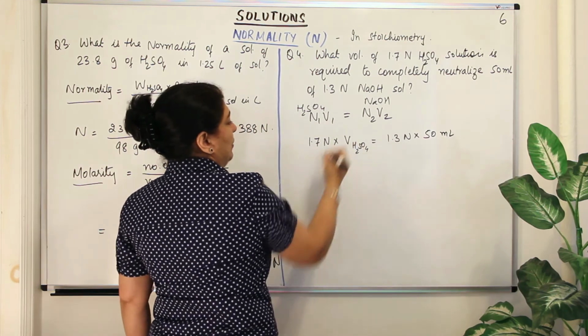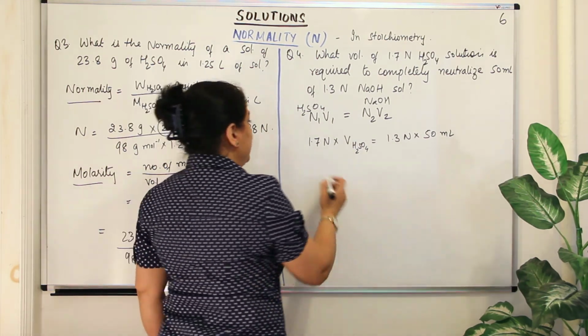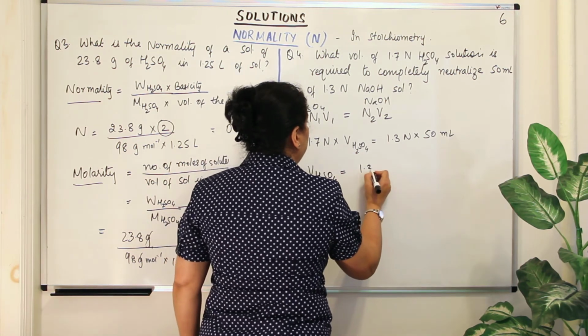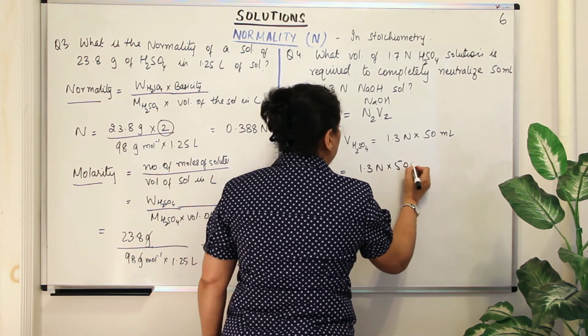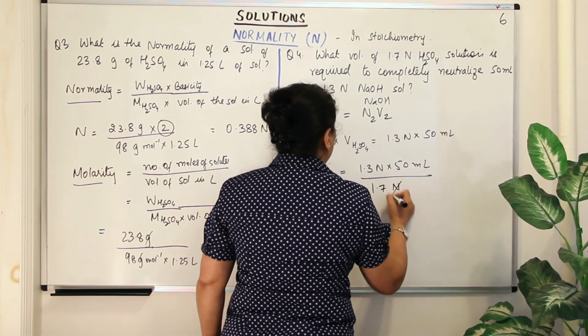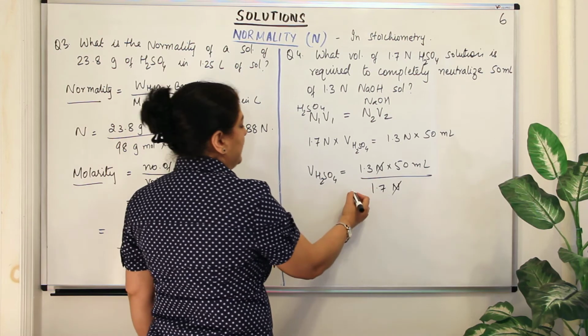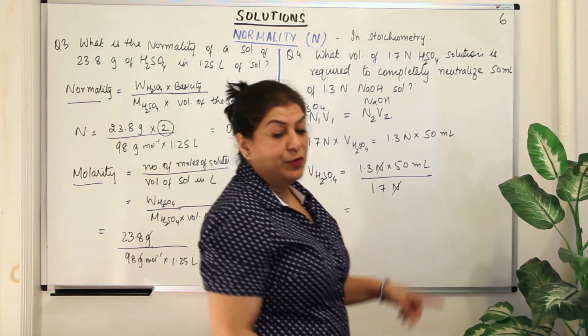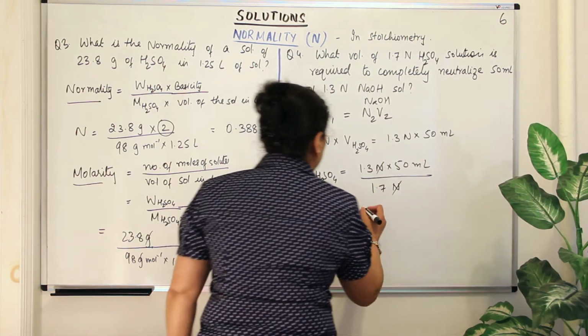From this, you're supposed to calculate the volume of H2SO4. Easy. VH2SO4 would be equal to 1.3 normal into 50 ml upon 1.7 normal. So the normality will cancel out, and the unit you will get is the volume in milliliters. And when you solve this, the volume that you get is 38.2 milliliters.